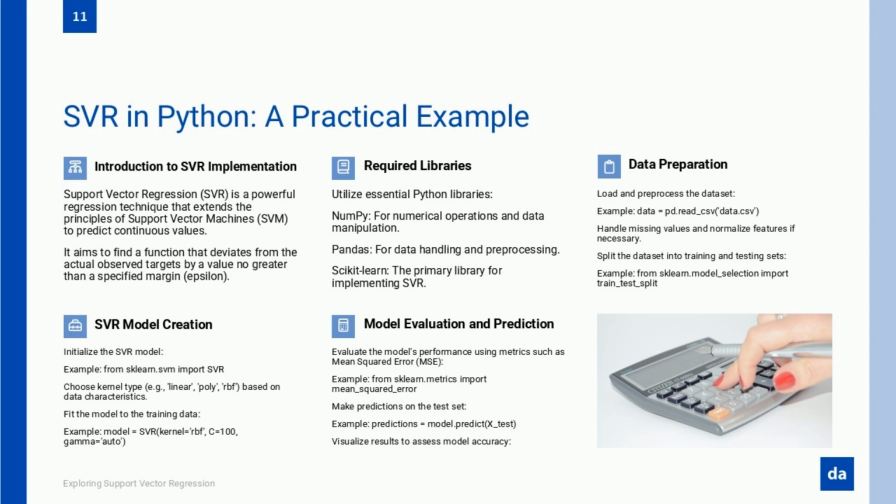By following these steps, we can build an effective SVR model that can be used for tasks like predicting stock prices, modeling disease progression, or optimizing engineering processes. But how does SVR compare to other regression techniques like linear regression or decision tree regression?